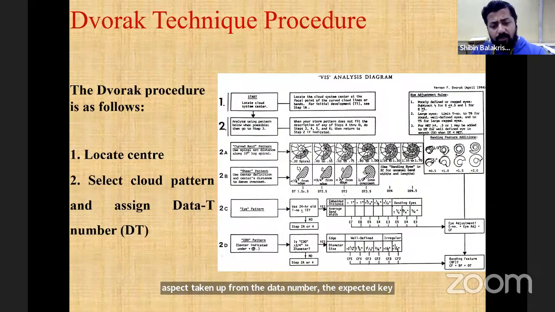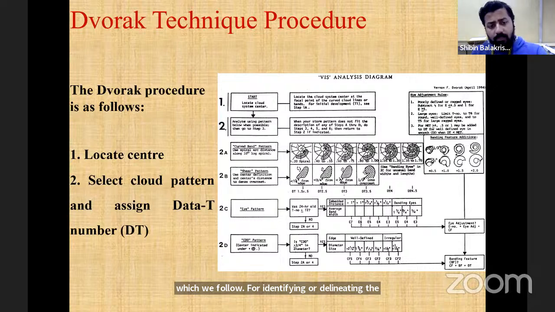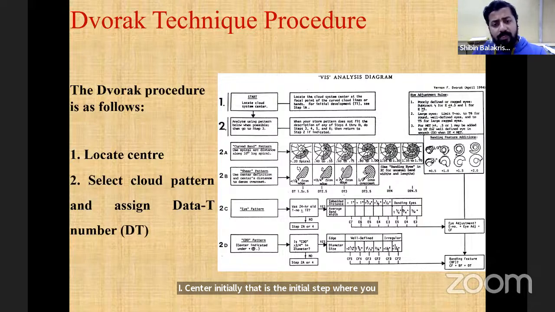Right. There are around 10 procedures which we follow for delineating the center in the Dvorak method. Initially, you identify or locate the system center. Then you select the cloud pattern.